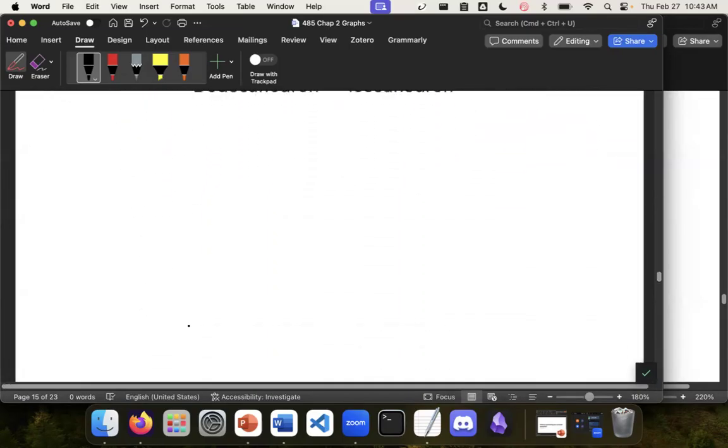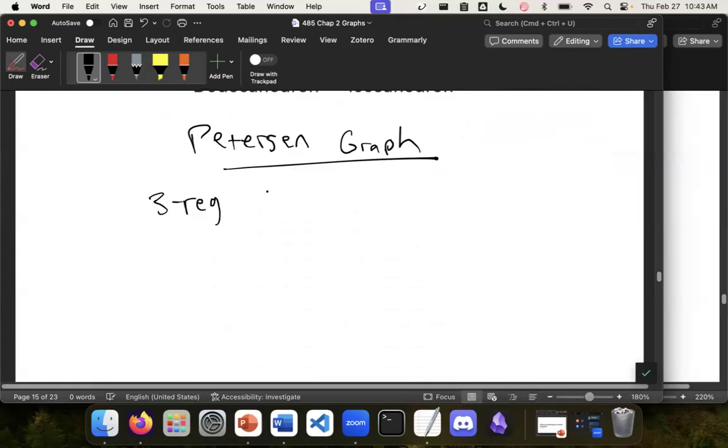There's also a really famous regular graph called the Petersen graph. This is a 3-regular graph with 10 vertices and 15 edges, where I'll draw this one.